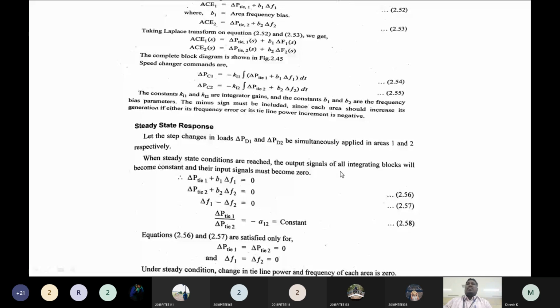So we can easily find that del F1 minus del F2 is 0, and del P tie 1 divided by del P tie 2 is minus A12, a constant. These are satisfied only when del P tie 1 and del P tie 2 equal 0, or otherwise del F1 equals del F2 equals 0. So under steady state condition, the change in tie line power and frequency of each area is 0.